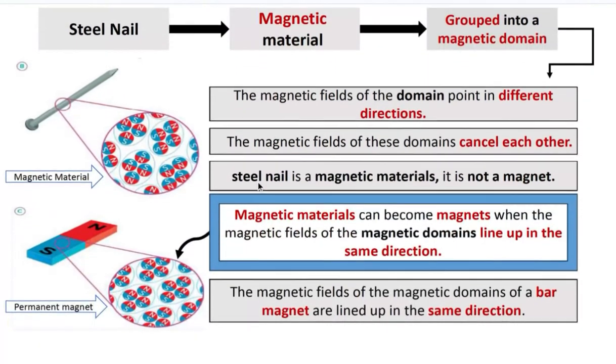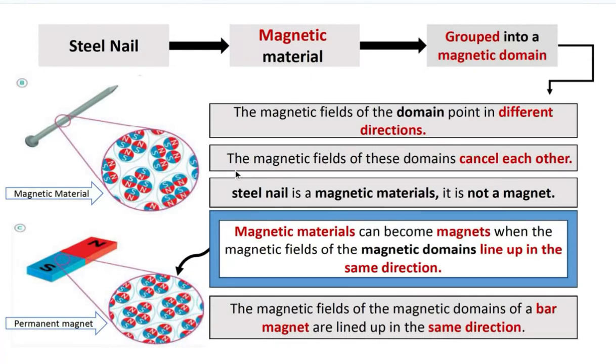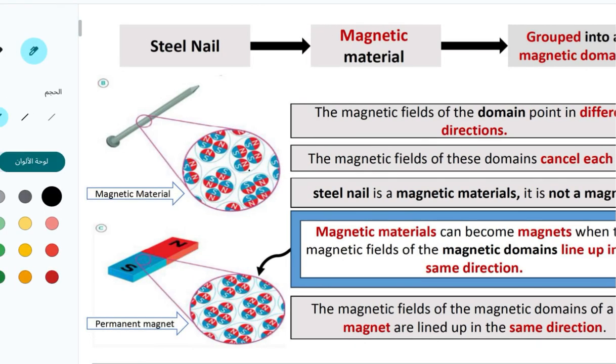When we look at magnetic materials such as iron or steel, steel is a mixture made with iron. This magnetic material will be grouped into magnetic domains. So here's a group. This group is a magnetic domain. Here is another magnetic domain. All the atoms in this group are pointing in the same direction, but the magnetic domains themselves are pointing in different directions.